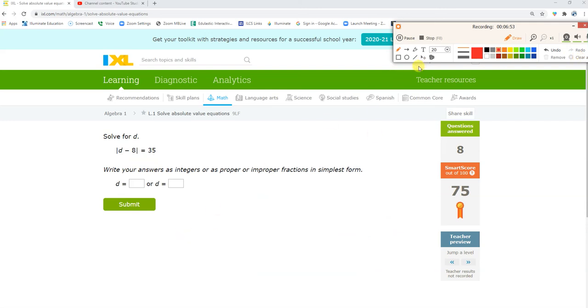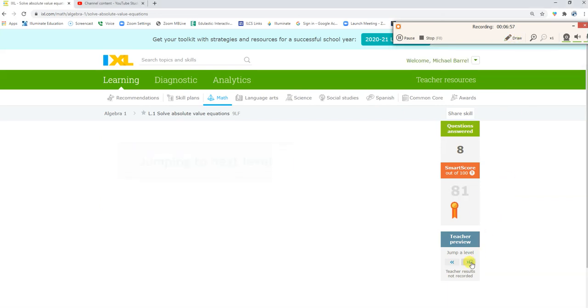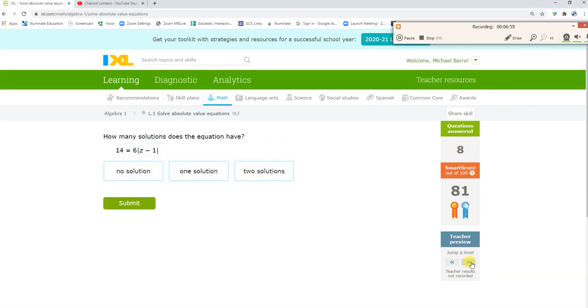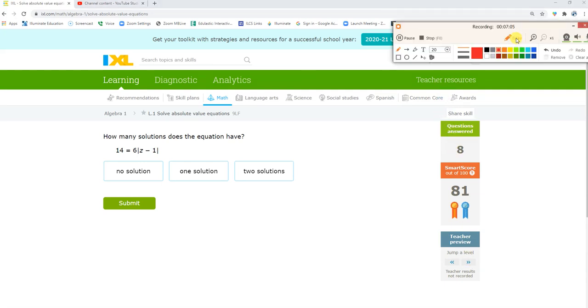There's nothing crazy here. Jumping a level. There's nothing crazy here, but I'll still do it. What's going on? Isolating, so dividing by 6, 14 divided by 6. That's 2.3 repeating. So 2.3 repeating equals absolute value of z minus 1.